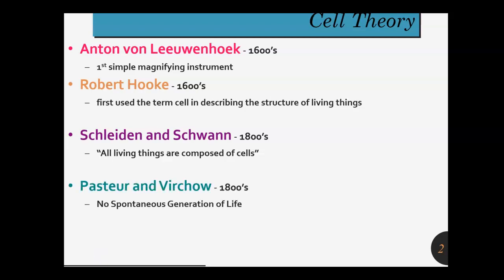And then finally, Pasteur and Virchow in the 1800s said there's no such thing as spontaneous generation of life. And how they came up with that idea: they took a flask, and in the flask they put broth, and they knew that bacteria would thrive in this broth.